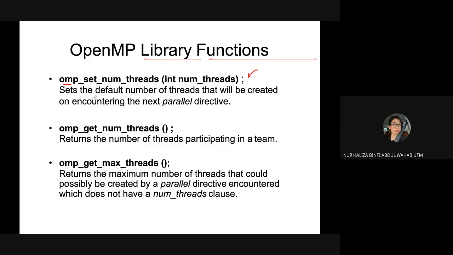It sets the default number of threads that will be created on encountering the next parallel directive. So you can see over here, set the default number of threads that will be created on encountering the next parallel directive.